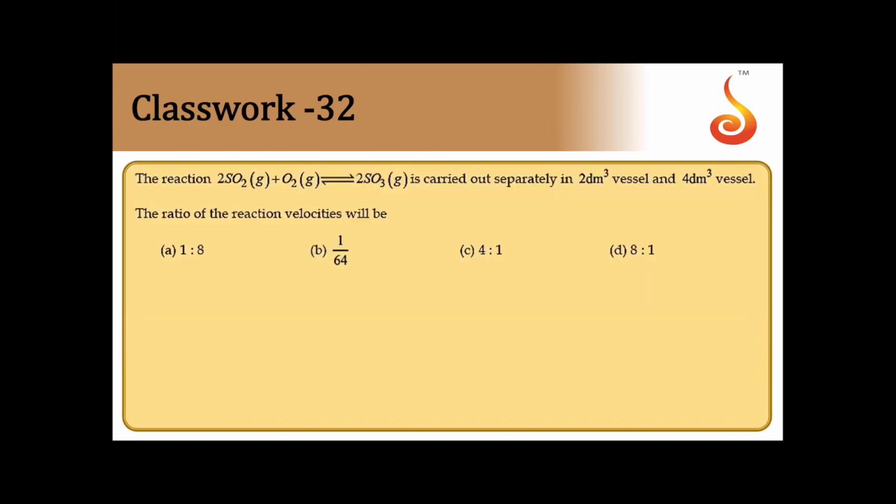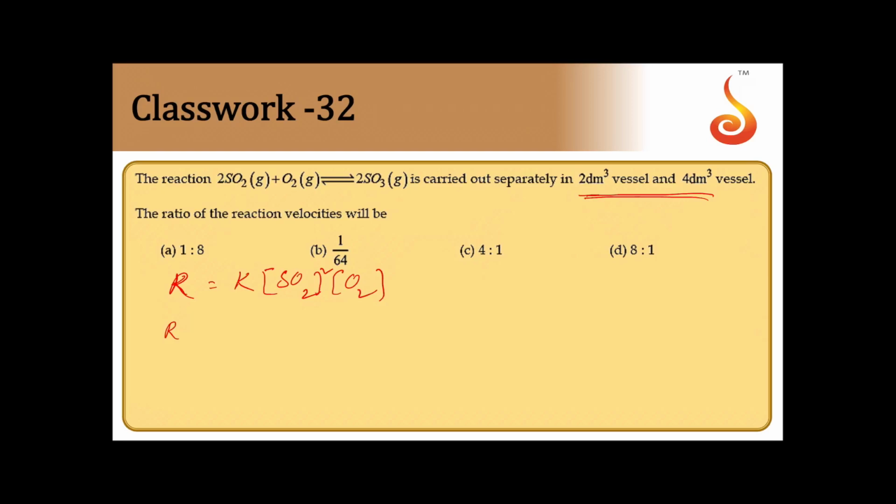Let us take the first equation. R is equal to K into concentration of SO2 squared and O2. Now when you are doubling the volume, concentration becomes half. Let us take the new rate.